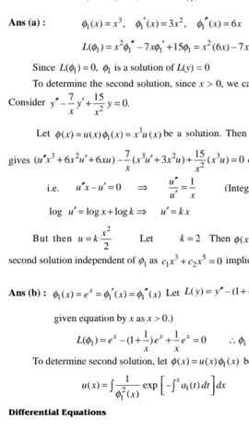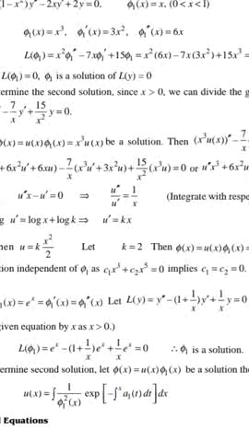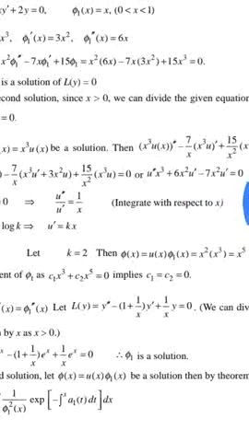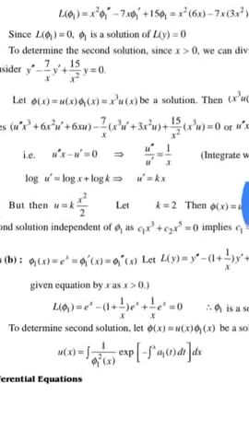This gives u double dash x cube plus 6x square u dash plus 6x u minus 7 by x (x cube u dash plus 3x square u) plus 15 by x square x cube u is equal to 0, or u double dash x cube plus 6x square u dash minus 7x square u dash is equal to 0.